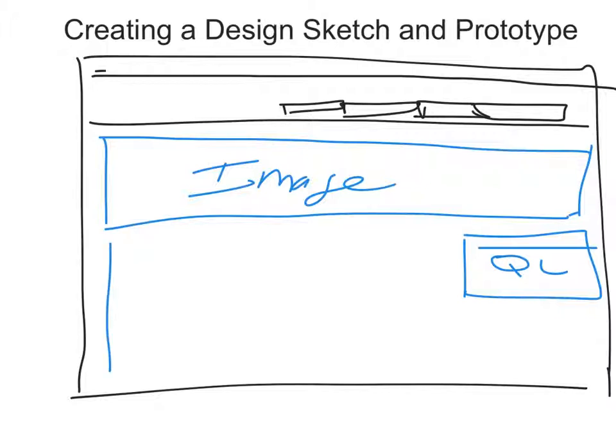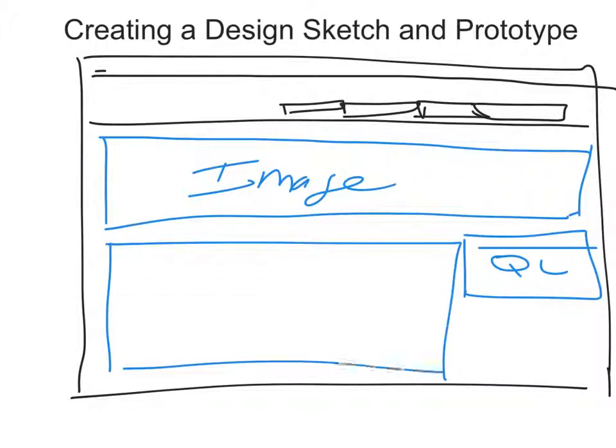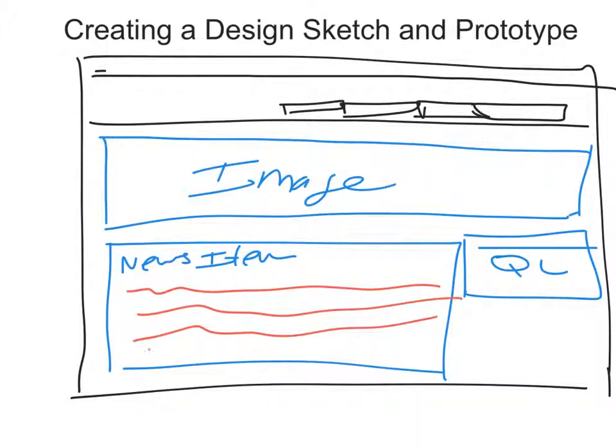So I might draw a section here where my news item is going to be. And here there would be, of course, text. So in this very quick example, I've sketched out in very basic terms how my course homepage might look when I'm designing that aspect of the design. I'll show you another example here in just a moment.